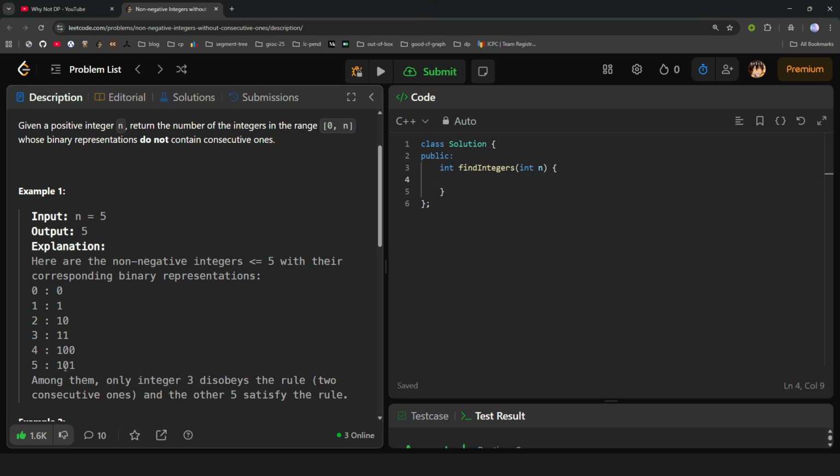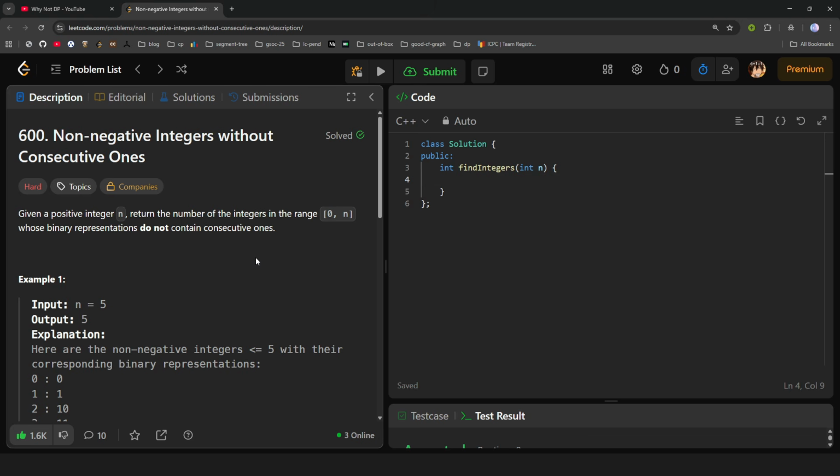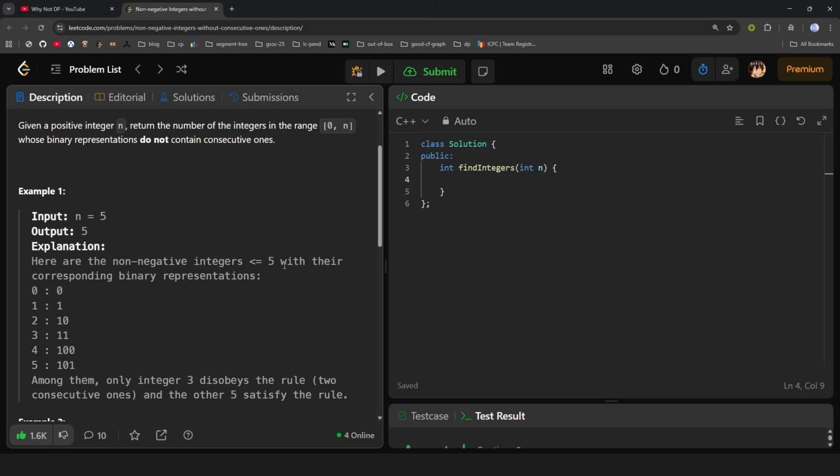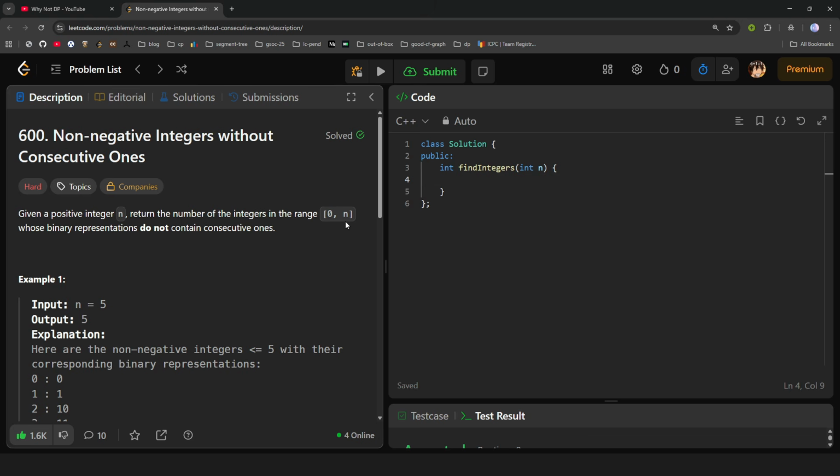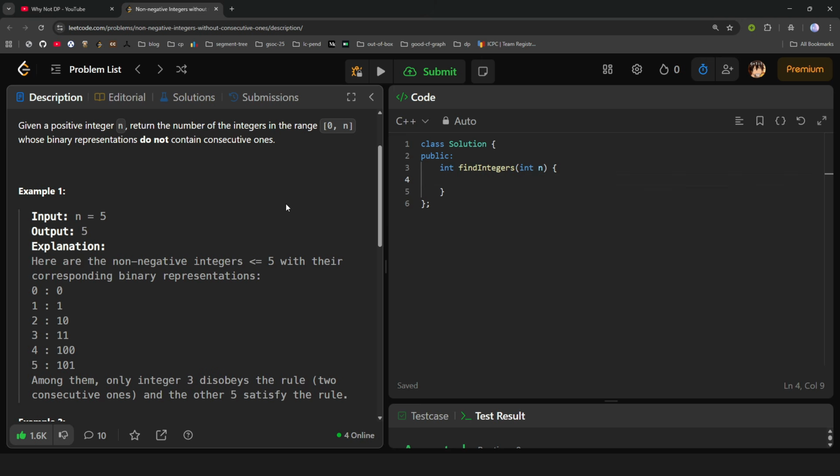That is, we will first convert the given n into its binary representation, and that binary representation into a string, so that we can access the digits, that is the bits, one by one, starting from the left side and going till the right side, and then just apply the same technique that we did previously. So I would say this problem is not much of a difference. The only difference is that instead of operating directly on the given n, we are doing it on its binary representation and nothing much.